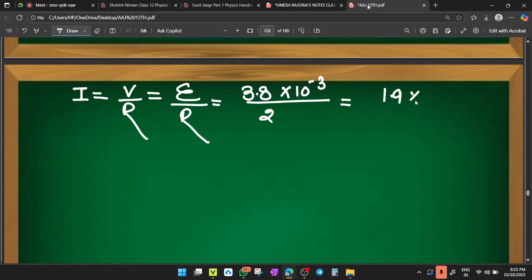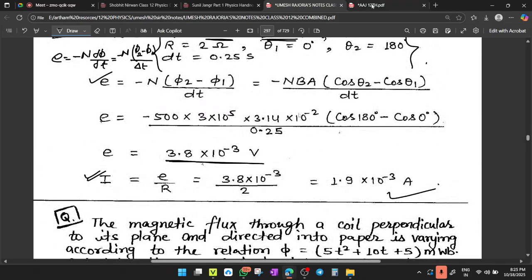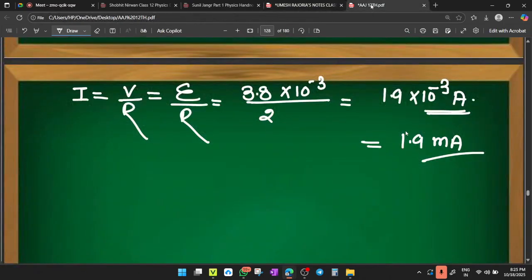So it will become 1.9 into 10 to the power minus 3 ampere. And 10 to the power minus 3 ampere is called milliampere. So it will become 1.9 milliampere. Right? As you wish, you can write either 10 to the power minus 3 ampere or milliampere. No problem at all.